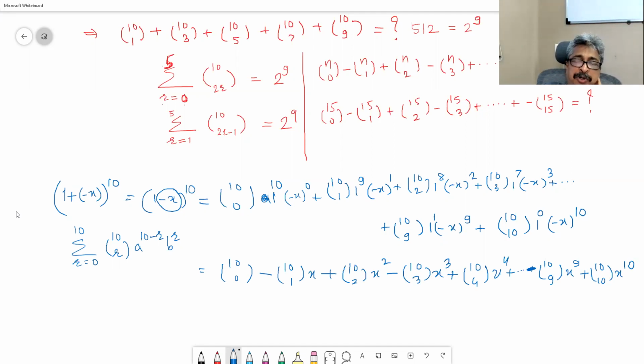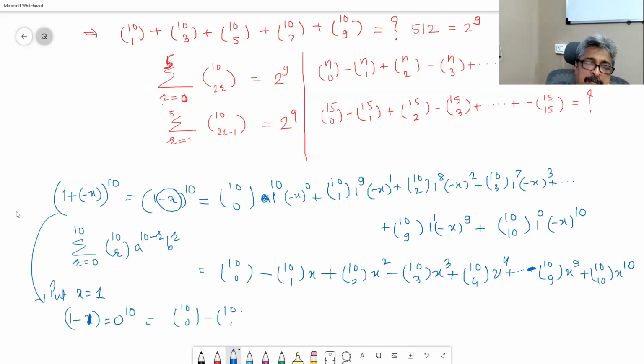So if this expansion is true, and now if we substitute x is equal to 1 in this, 1 minus x, which is 1 minus 1, which is equal to 0 raised to 10, which is equal to 10 choose 0, minus 10 choose 1, plus 10 choose 2, minus 10 choose 3, plus 10 choose 4, minus 10 choose 5, plus dot dot dot, minus 10 choose 9, plus 10 choose 10.